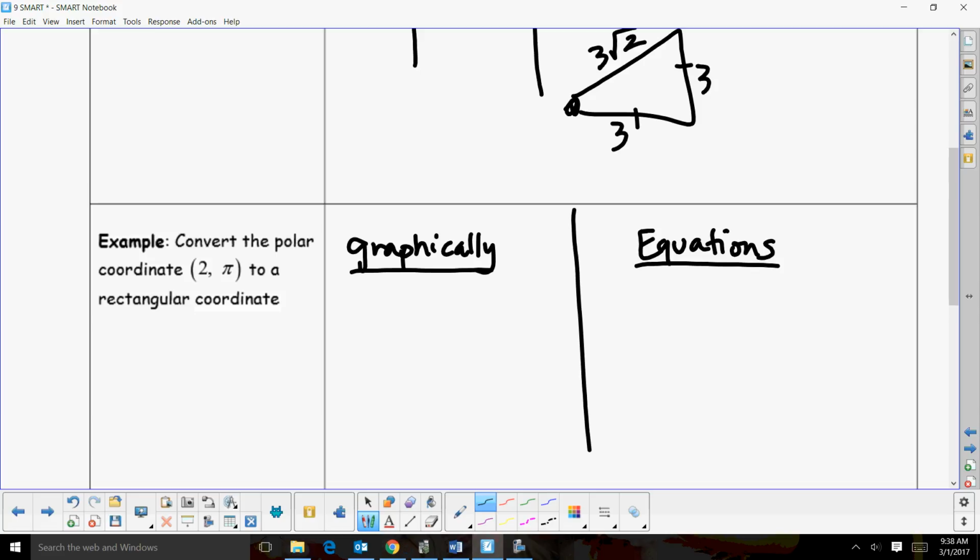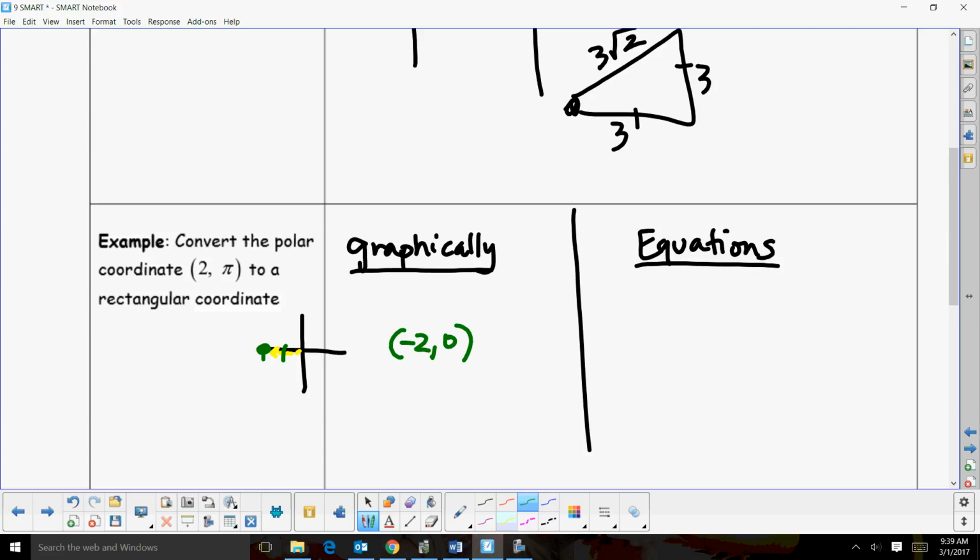If it's not, like at pi over 6 or pi over 5, then we're going to want to go to the equations. Okay, so graphically, I'm facing pi, and then I go out how many? So what point is that rectangularly? (-2, 0). So that's the rectangular coordinate for that polar coordinate.